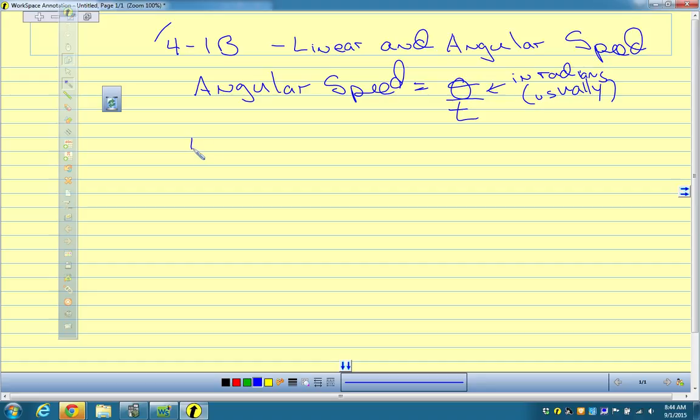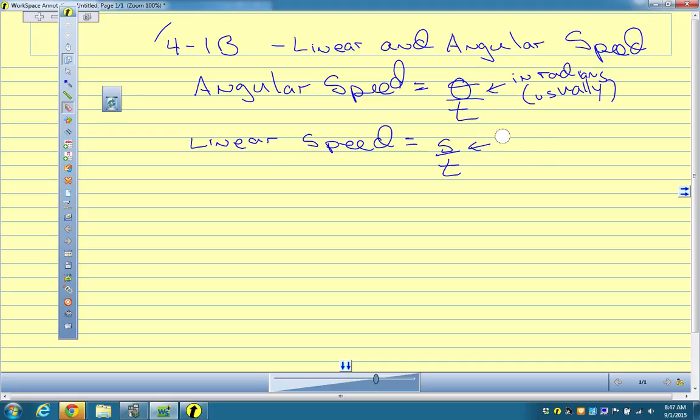Then we have linear speed. Linear, that's not very good writing, is it? Linear speed is equal to s divided by t. And s is the arc length. That's not very good A, is it? Okay. S is called the arc length.